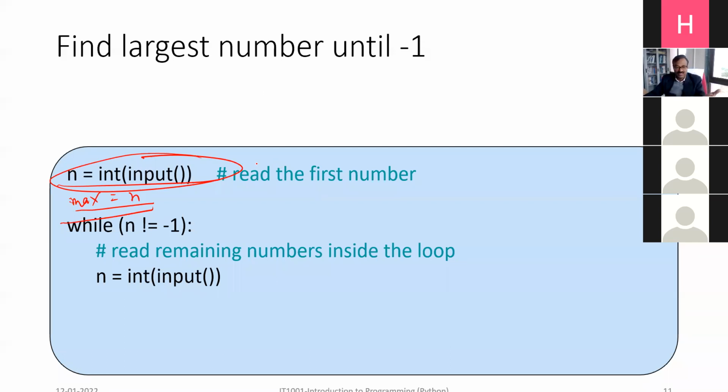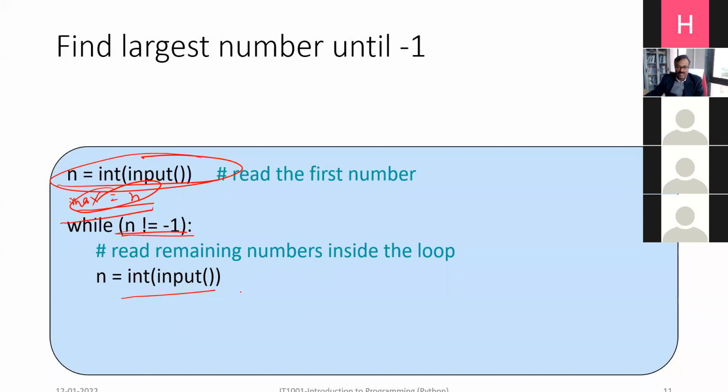Even if it is -1, then it is maximum, right? So I've got this solution here that now max will store the number which we took the first time, right? And after that, when I take more numbers in this loop, I'm going to update this if needed, right?